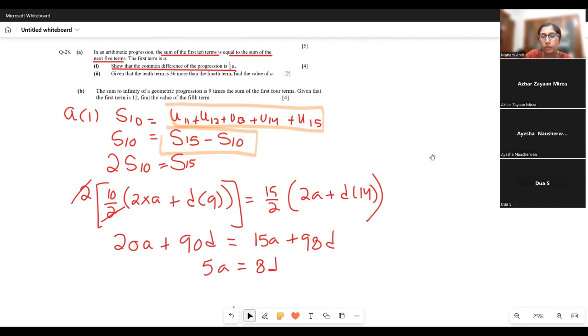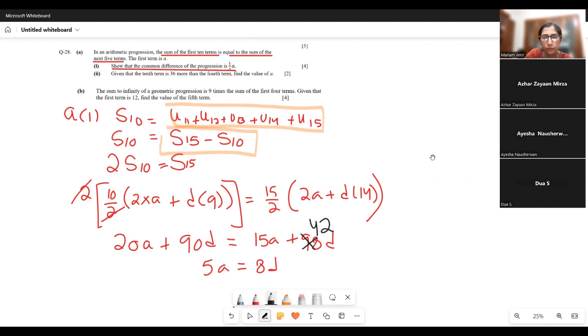Fifteen into 14 divided by 2 is, ये वैल्यू गलत है. This is supposed to be 105. ये 42 आना चाहिए. ये गलत लिखा हुआ.